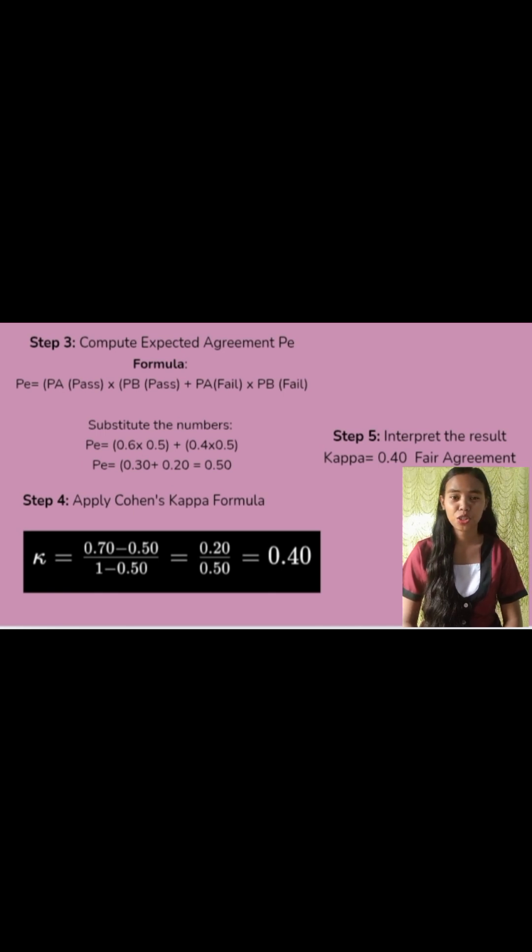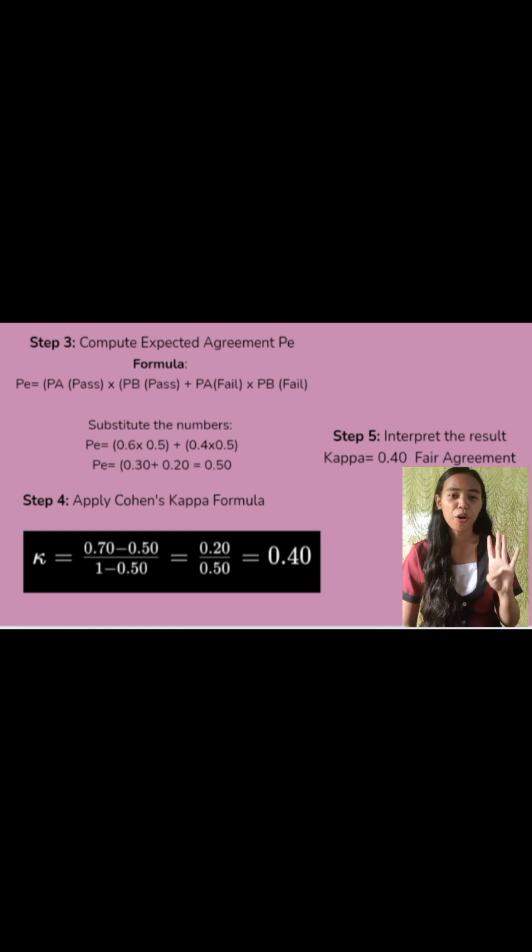Now let's substitute the numbers. PE equals 0.6 times 0.5 plus 0.4 times 0.5. So PE equals 0.30 plus 0.20, which is 0.50. So 50% of the agreement might just be due to chance.